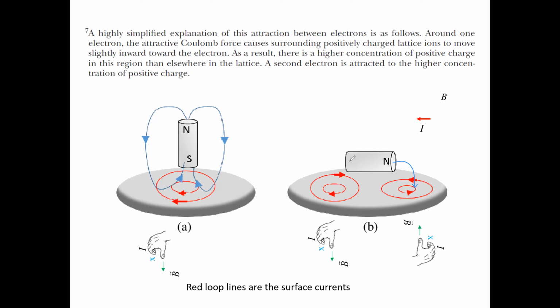And here, the field goes in, because this is the S pole. So it's like going up. This is the up direction. So the surface current in this region has to go clockwise. So this is clockwise, and this is the counterclockwise direction.